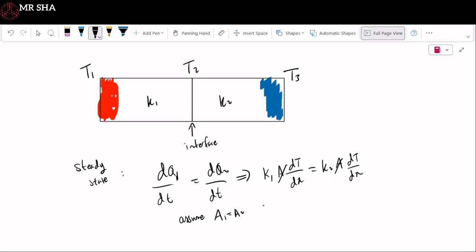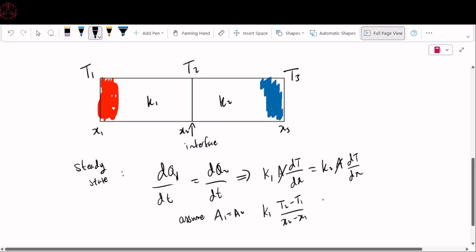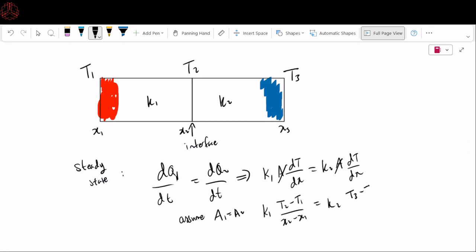So then I'll have kappa 1 times (T2 minus T1) over, so let's use x1, x2, x3, (x2 minus x1), equal to kappa 2 times (T3 minus T2) over (x3 minus x2).